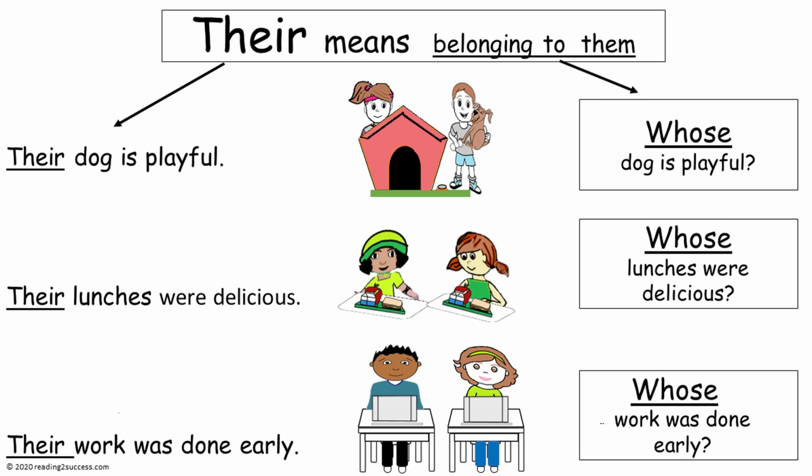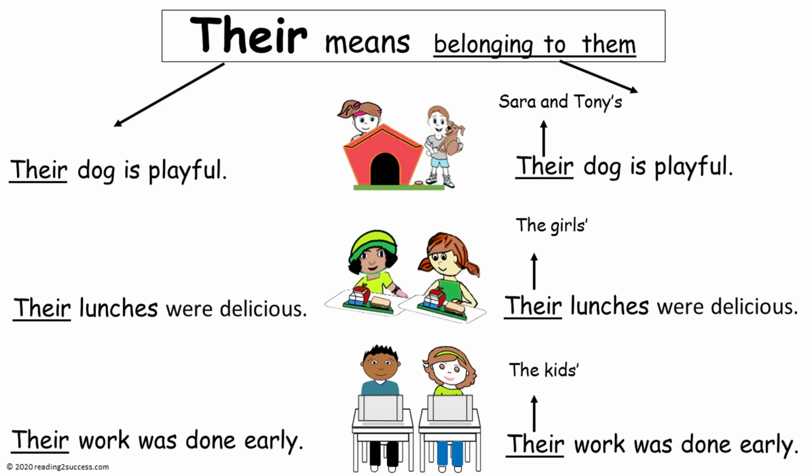The second sentence, their lunches were delicious, will answer whose lunches were delicious. And the third sentence, their work was done early, will answer whose work was done early. Who did the early work belong to?